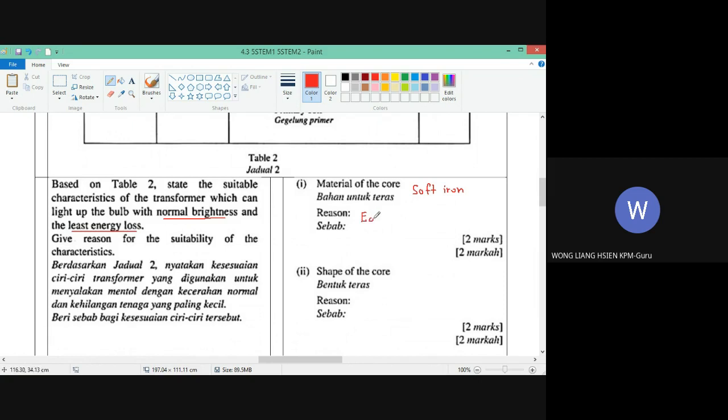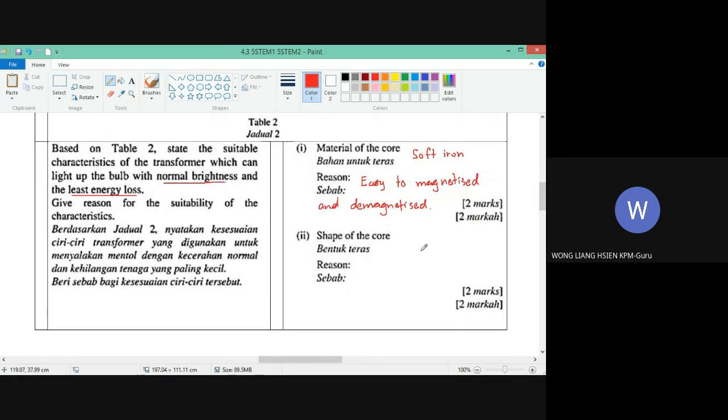Easy to magnetize and demagnetize, or less energy used for magnetize and demagnetize also can, or decrease heat produced from hysteresis also can. There are a few reasons that we can state.